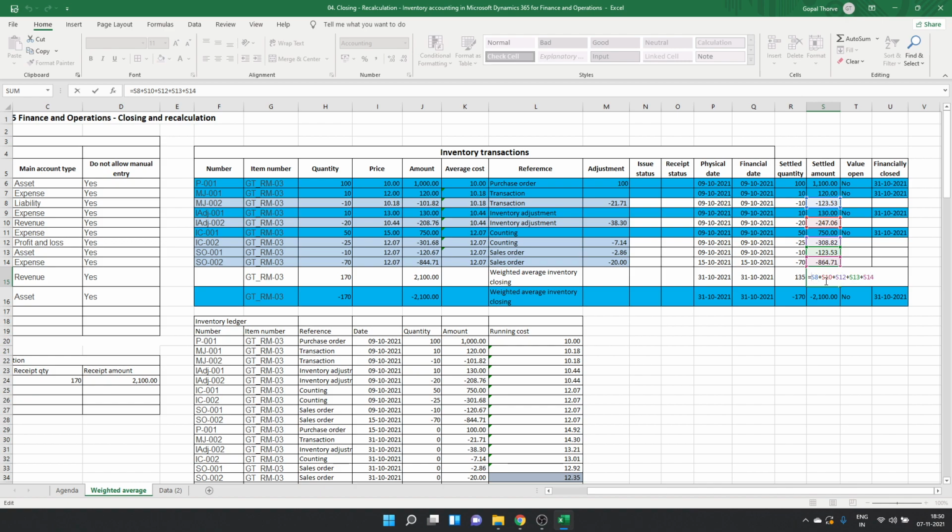Only the symbol is incorrect. Since these issue transactions are completely settled in terms of value and quantity, value open is no here.